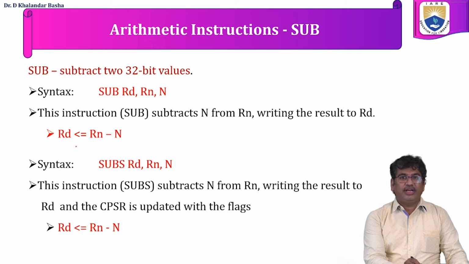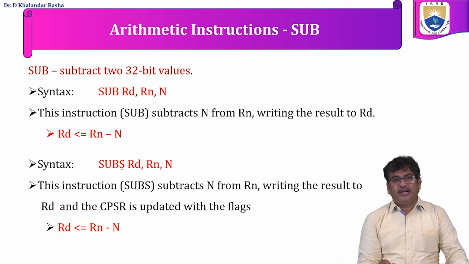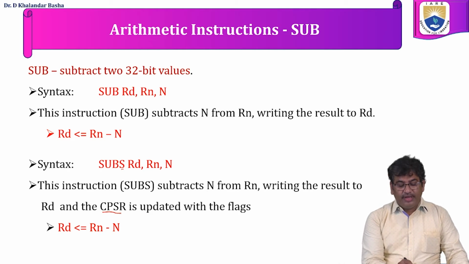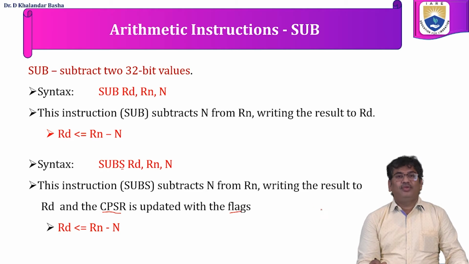The functionality we can describe as Rd is assigned with Rn minus N. If S is added for the SUB instruction, whatever the result obtained, it will update the CPSR with respect to flags. If S is not given, the flags will not be reflected in the CPSR.